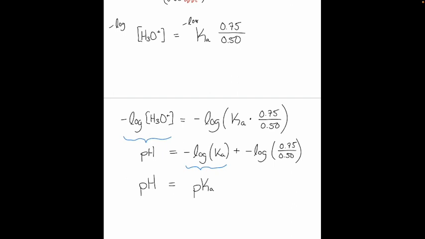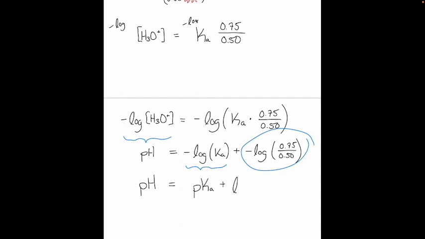All right, and then lastly, within this term right here, I can get rid of that negative sign. This is another just log algebra thing. You can trust me on it if you don't remember your log algebra. I can get rid of that negative sign if I flip that fraction, right? So the negative log of 0.75 divided by 0.5 is the same thing as the positive log of 0.5 divided by 0.75.